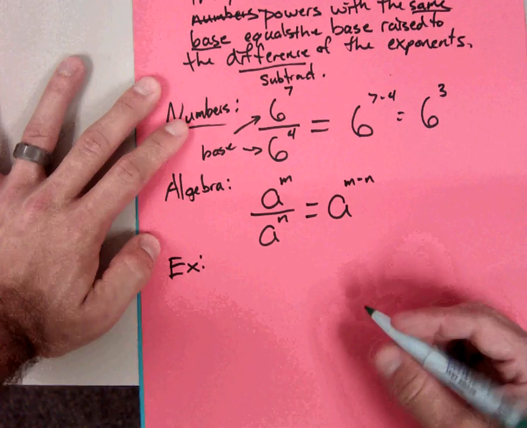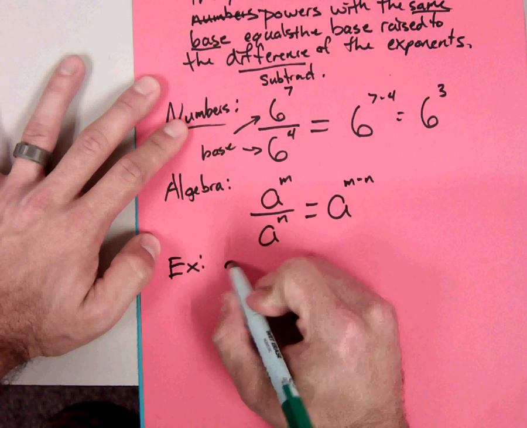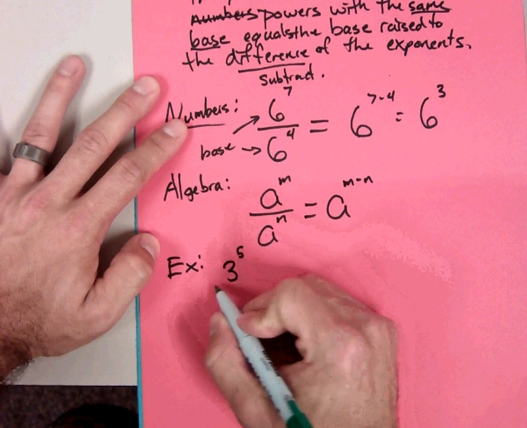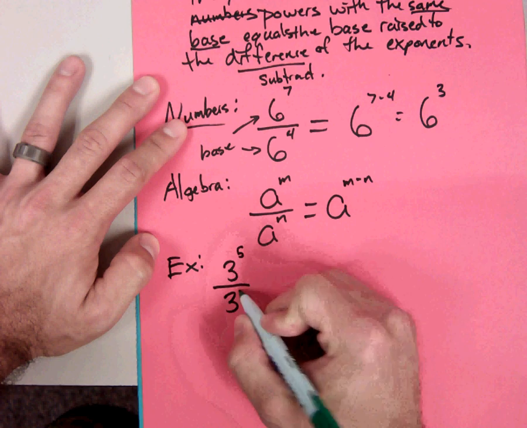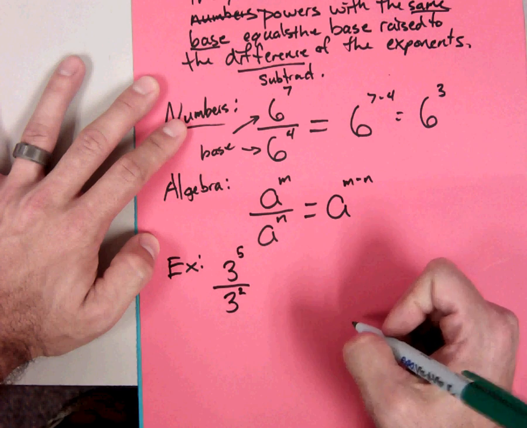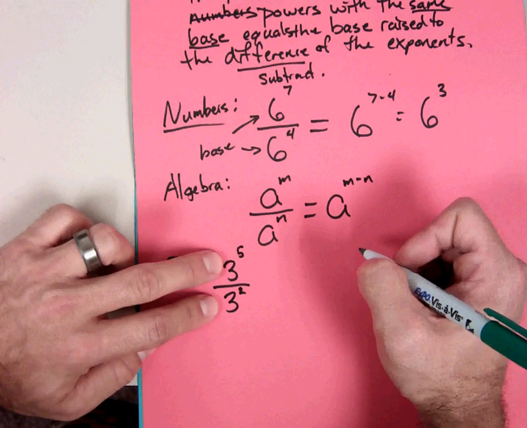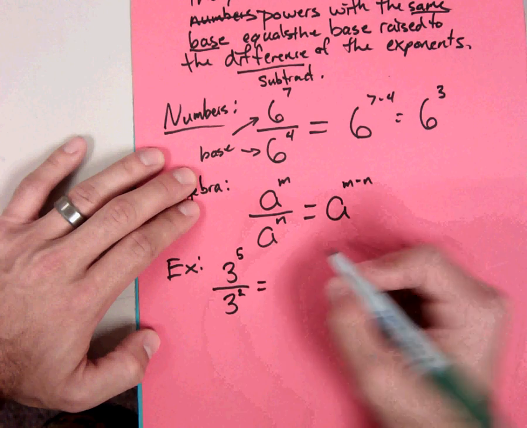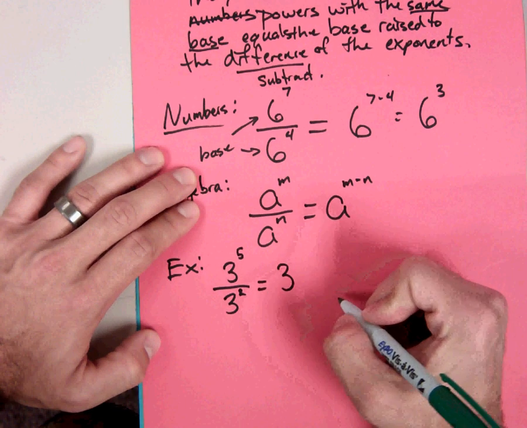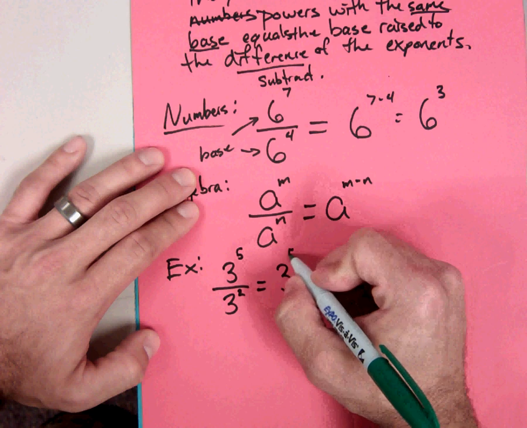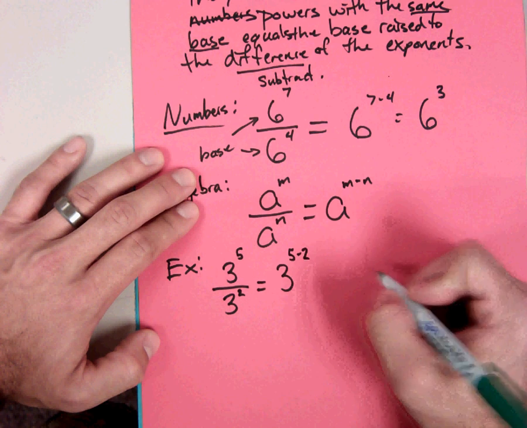All right, let's take a look at an example that you can work out. So let's say we had 3 to the 5th divided by 3 to the 2nd. Well, our bases are both 3, so it's going to be equal to the base raised to the difference of the exponents.